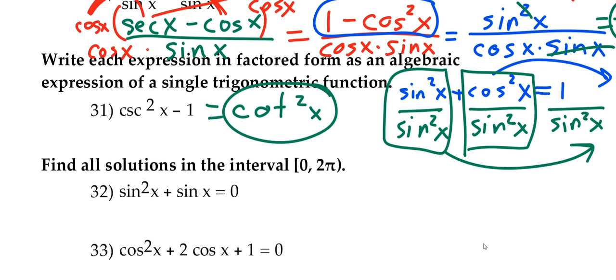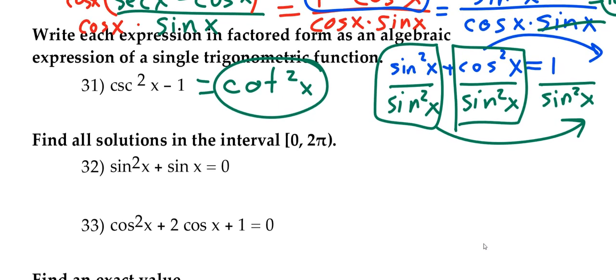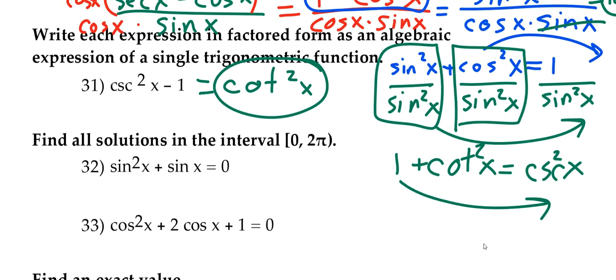So I have cosecant squared x equals cotangent squared x plus 1. And so in order to get cosecant squared x minus 1, which is what they started with, I move that 1 to the other side, and all I'm left with is cotangent squared. So you could literally probably go to the formula sheet and pick this off.